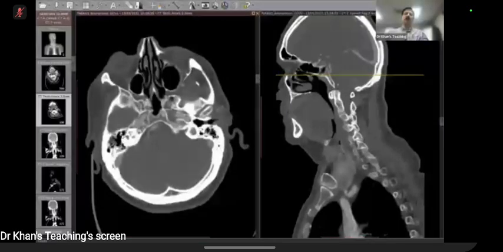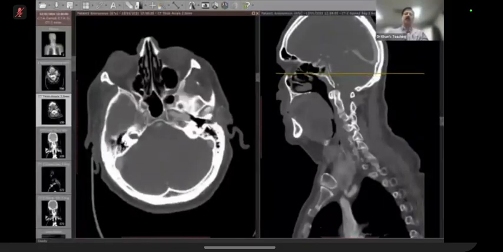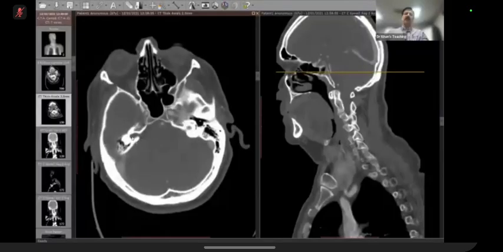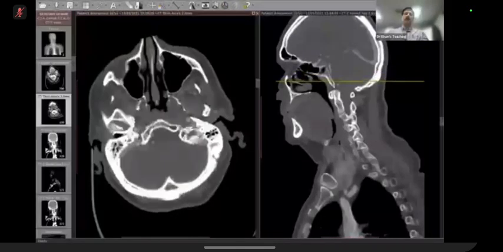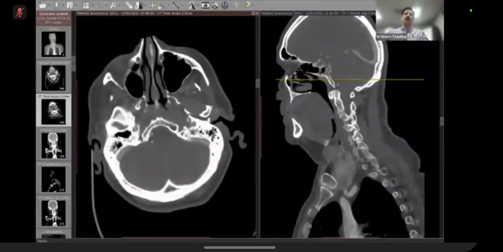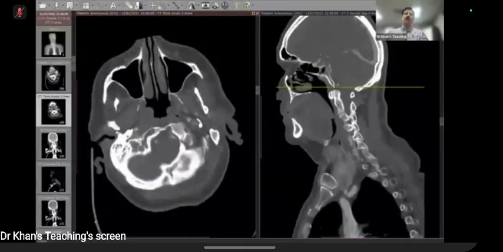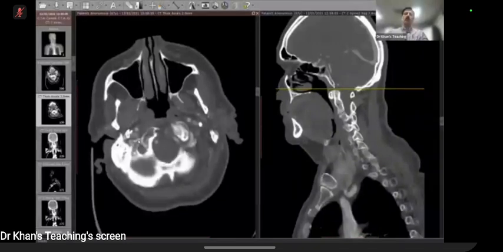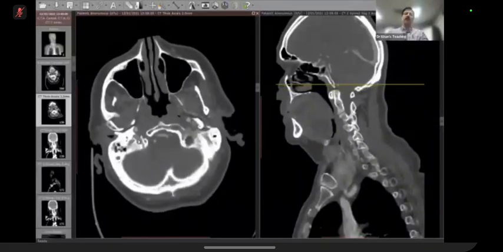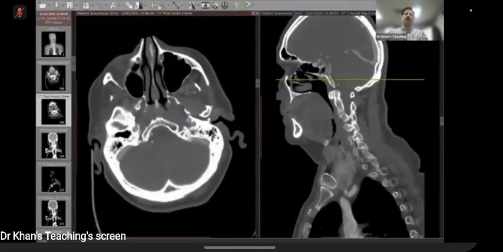If you see here, this is the head of the malleus and incus, and this is the internal auditory canal. So I am going inferiorly, and now you don't see it. And then you see the jugular foramen. Key point to remember is that it makes the floor, but as a normal variant, at times it can be what we call a high riding jugular foramen.